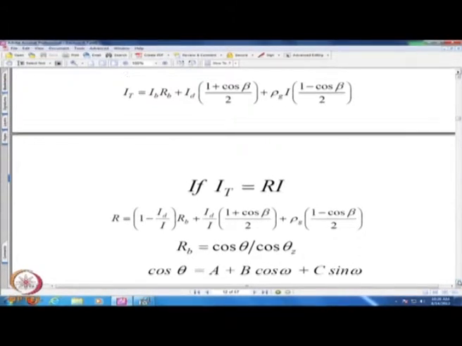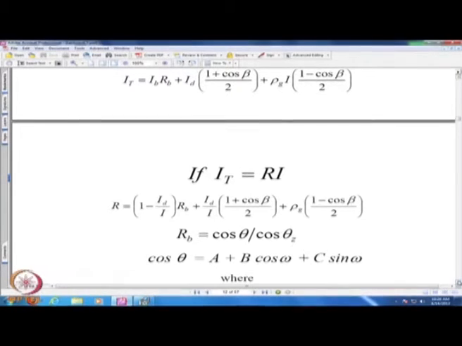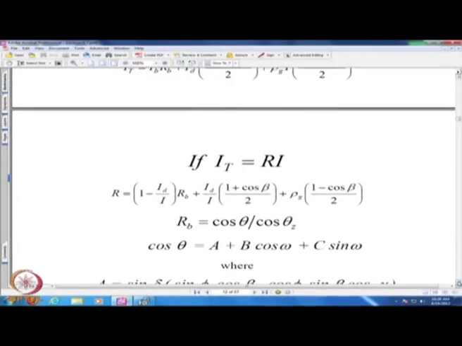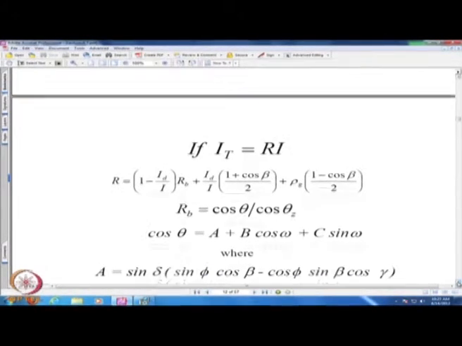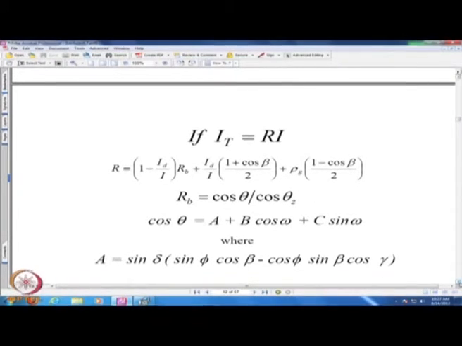You will notice that I try to avoid I b, and everywhere it is written as a ratio of I d by I, because we have relations for I d by I, and most of the time the measurements are on a horizontal plane, so I is available, and diffuse radiation might not have been measured at as many meteorological stations as global radiation has been. Consequently, in solar energy it is customary to write in terms of the diffuse fraction rather than in terms of direct radiation and global radiation separately.